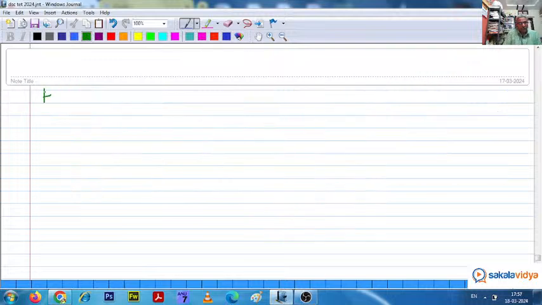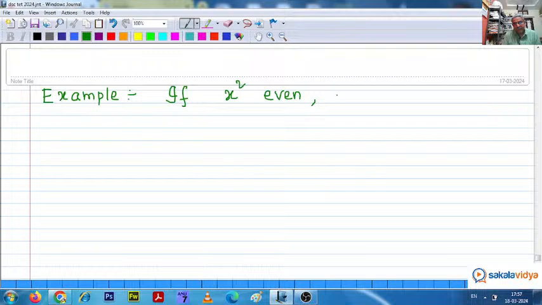Now let us prove one thing here. Let us consider one example: if x square is even, then x is even.